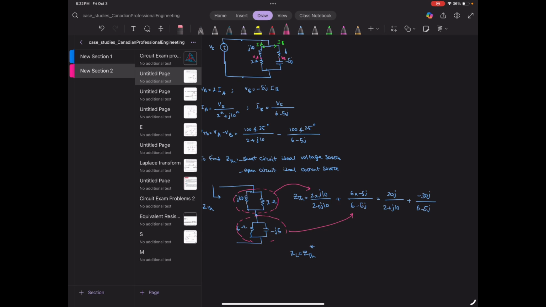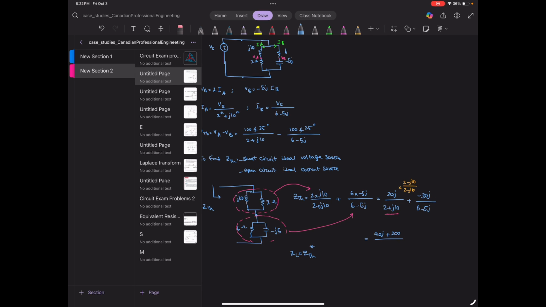One way you can get rid of the real and imaginary in the bottom is that you can multiply by 2 minus J10. What would happen is that you would have 40J here plus 200, because J multiplied by J is minus 1, and then you have another minus 1 here.